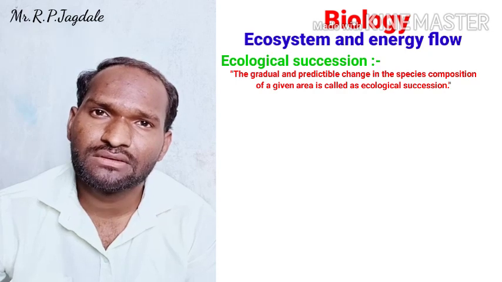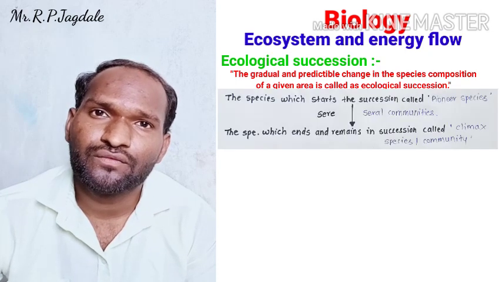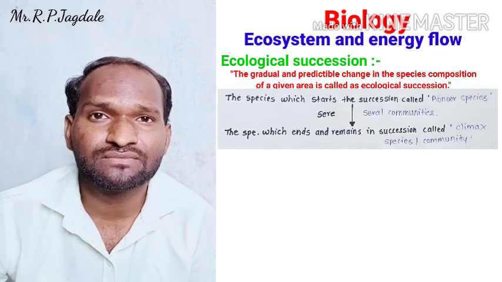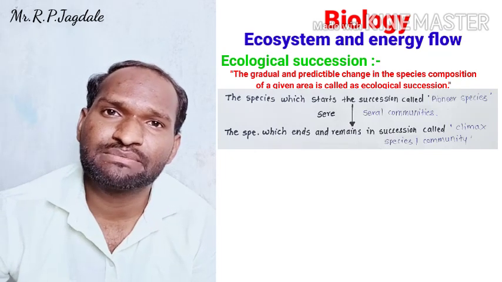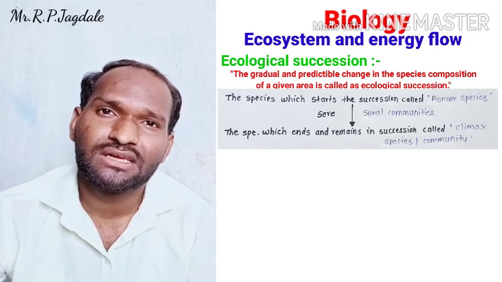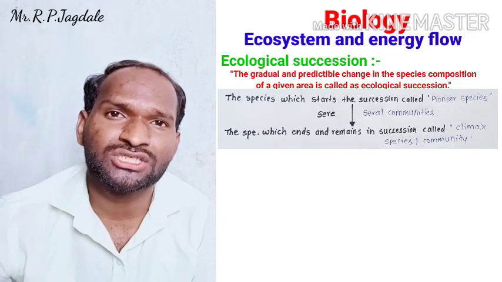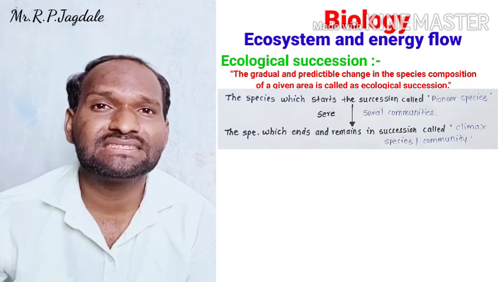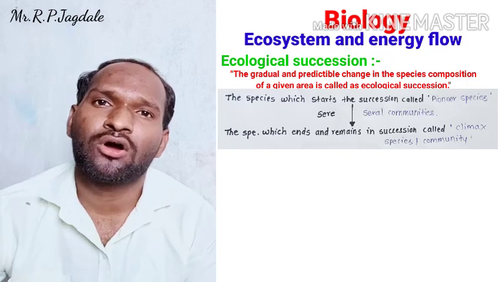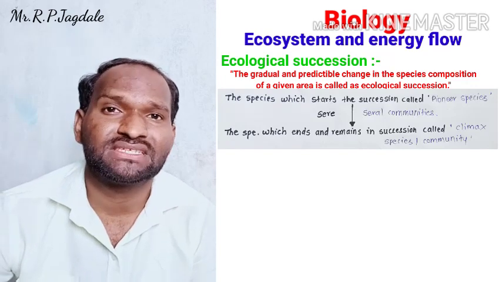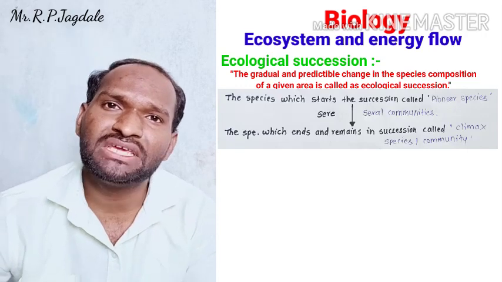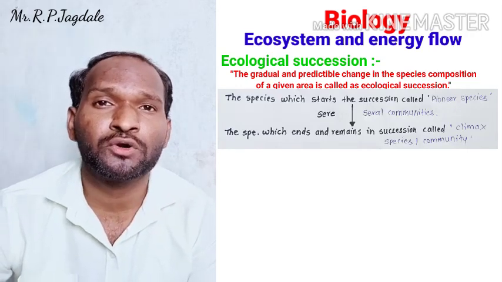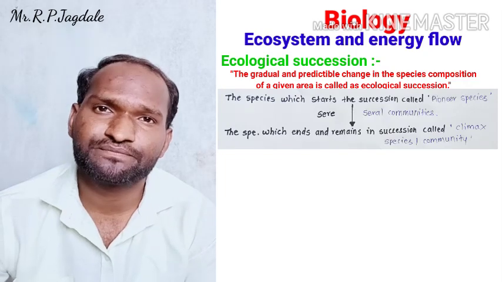First, the species which starts the ecological succession is called the pioneer species. That means at the start of the succession, there is a first species that starts it. This is the starter of the ecological succession, and it is the first important component.